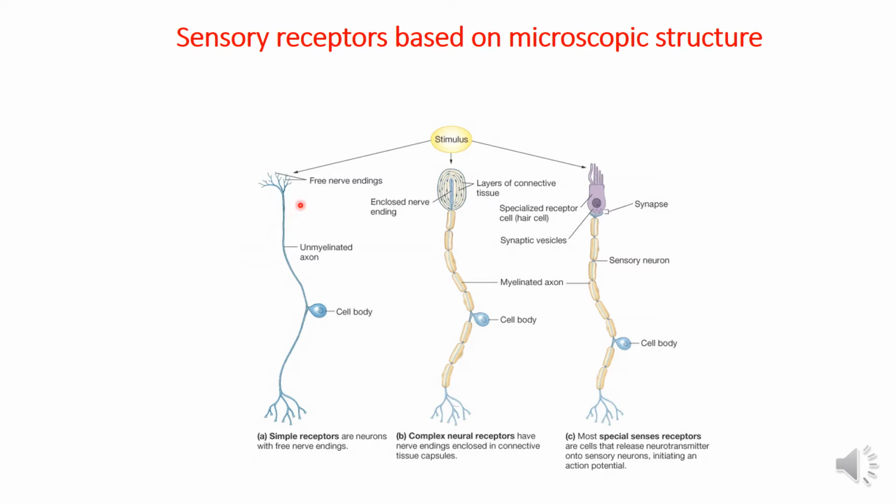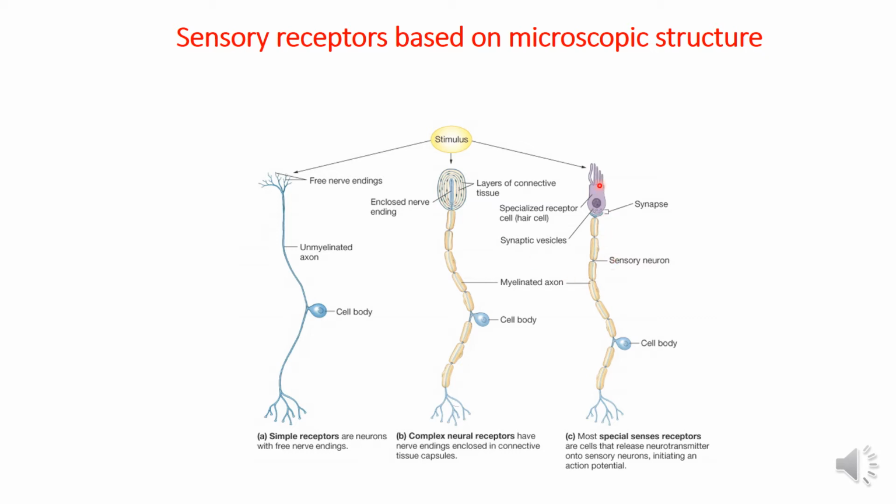And we have Pacinian corpuscles, a free nerve ending surrounded by several layers of elastic and connective tissue, with viscous fluid in between. These receptors are specific for detection of vibration.